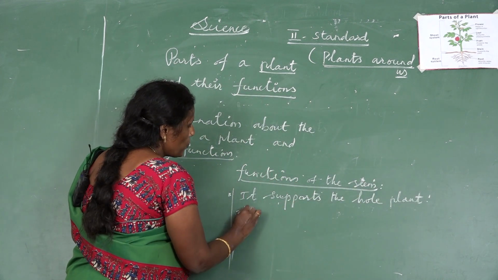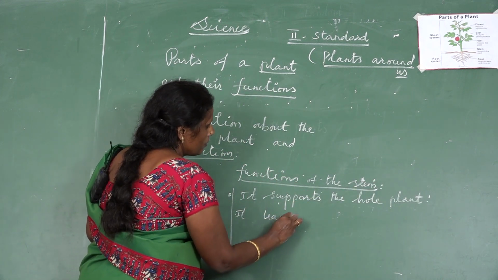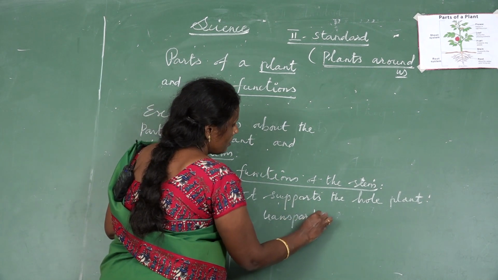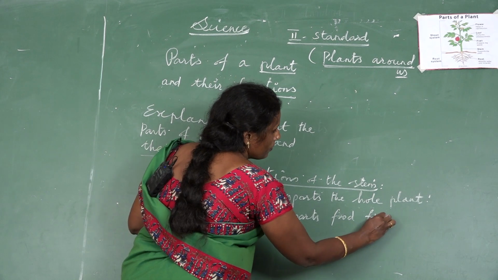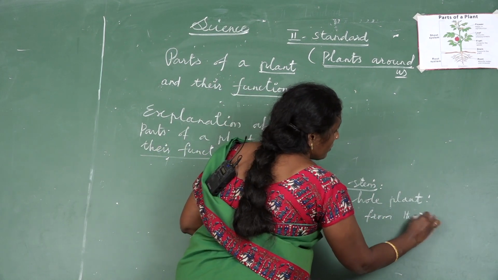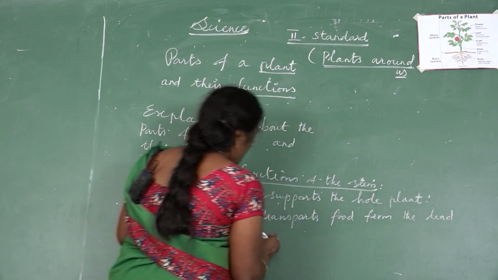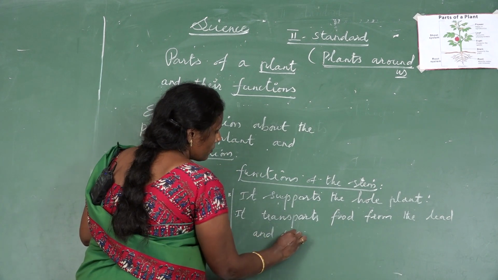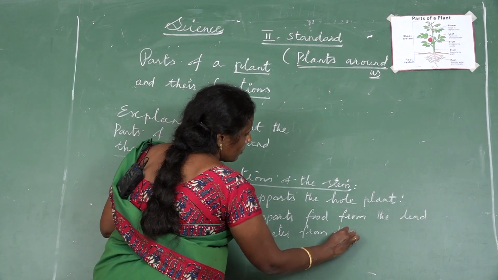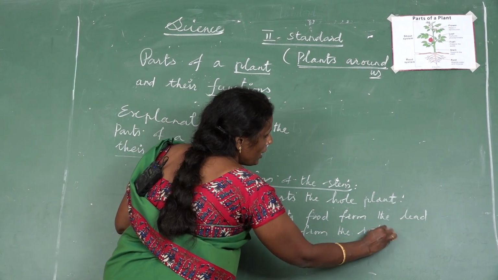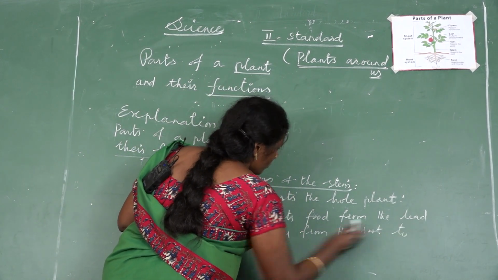It transports food from the leaf and water from the root to various parts of the plant.